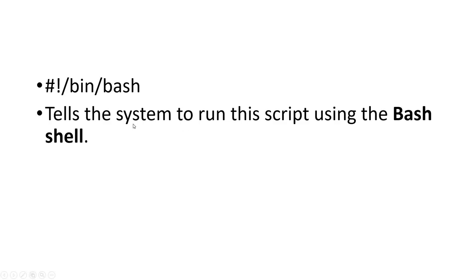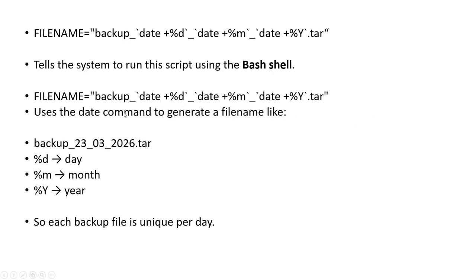This is the first line, it's compulsory line. After that, you are going to create a variable called file name. In that variable, you can see that I have kept backup and date and month and year. You know that whatever is put between quotes is a string, and whatever is in single quotes it's a command. So they get combined into a single variable called file name.